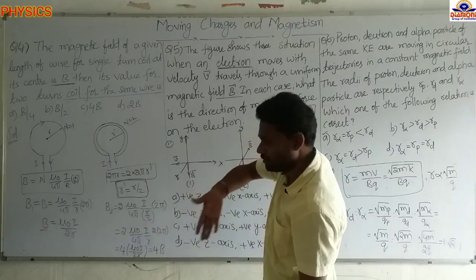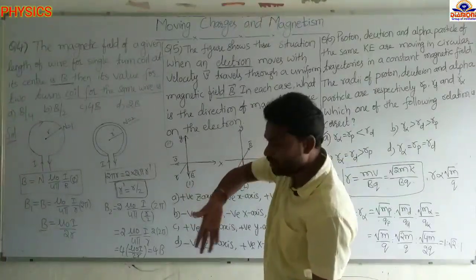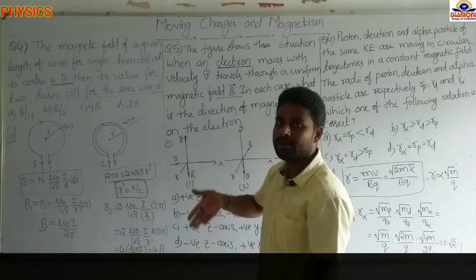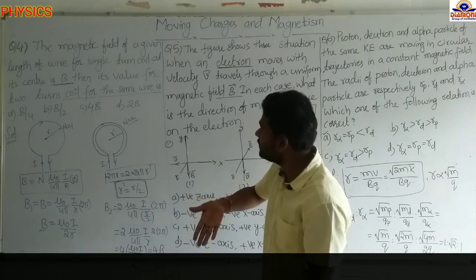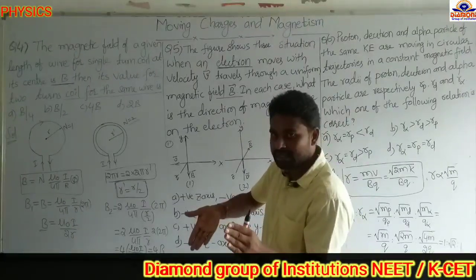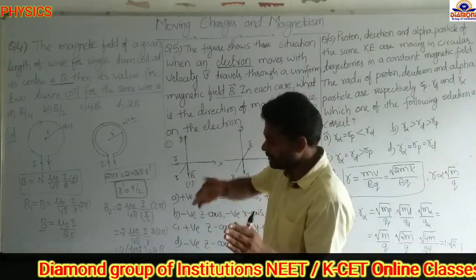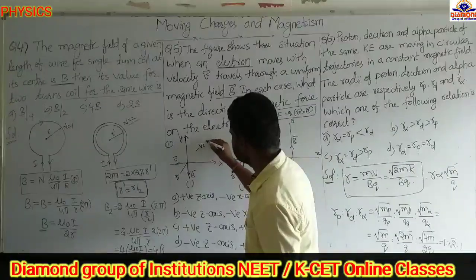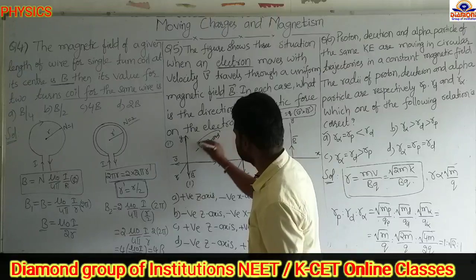The force acts in the outward direction. Outward means positive z axis. This is for the positive particle, but here it is the electron, negative. So opposite to this one. Here force is positive z axis, so the force acting on the electron is the opposite side, negative z axis. The force acting in the first case is negative z axis.